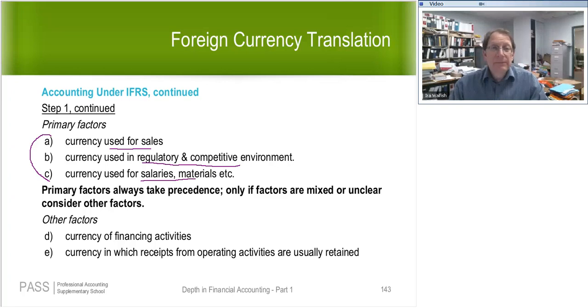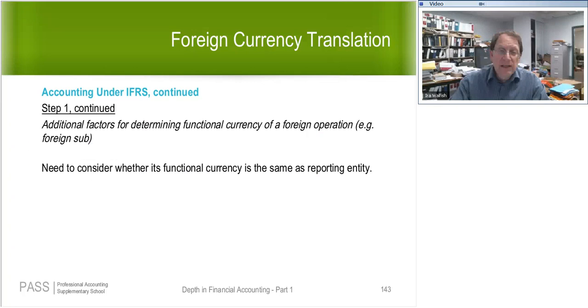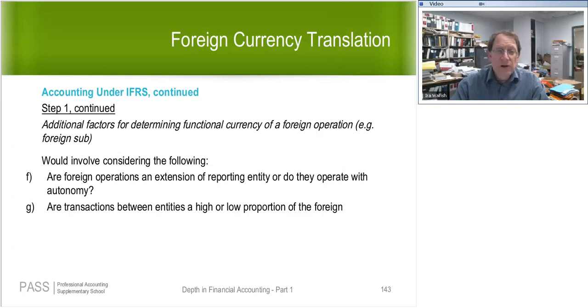Next, look at D and E. What's your financing in, US or Canadian? What are your receipts from operating activities in? You have to finish the analysis and look at these additional factors.